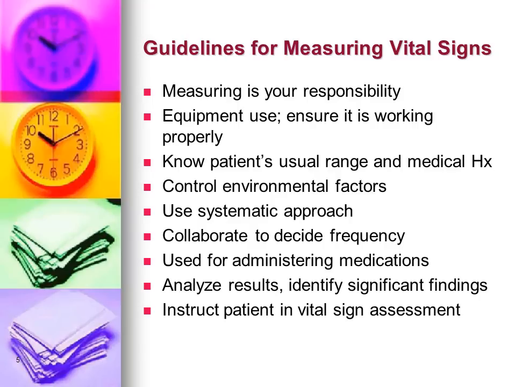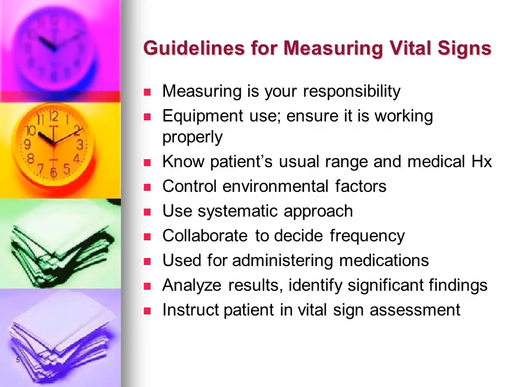Know your patient's medical history, therapies, prescribed medications. Some illnesses or treatments cause predictable changes in vital signs, and some medications affect one or more vital signs. Control or minimize environmental factors that affect the vital signs, such as heat or cold, noise.